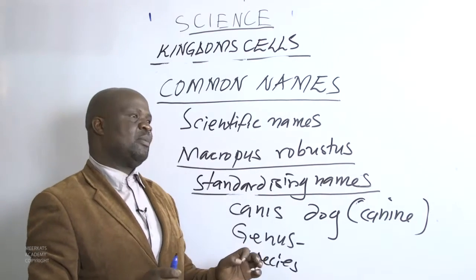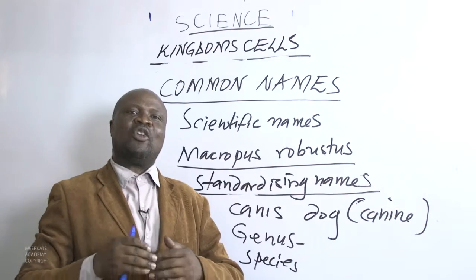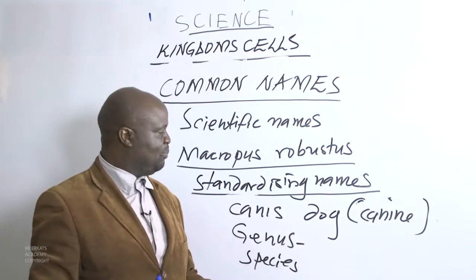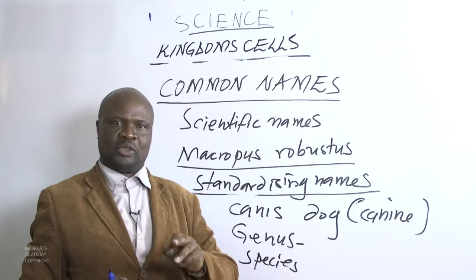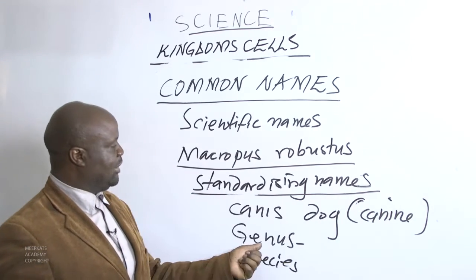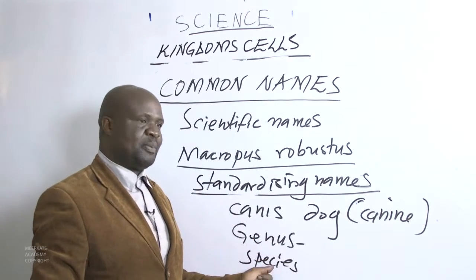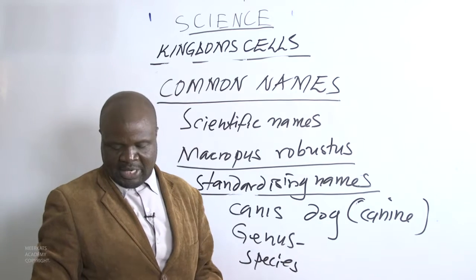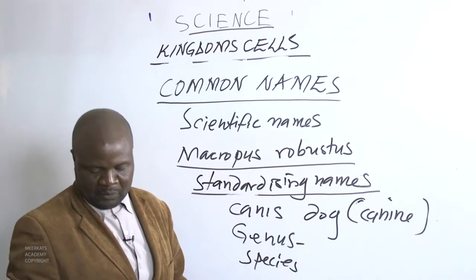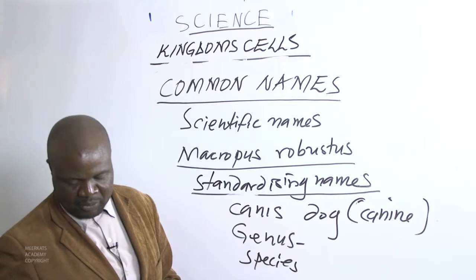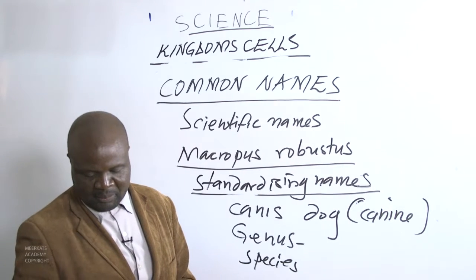So he came up with a system where, instead of having a lot of words to describe each organism, we can only use 2 words. We can use the genus and the species of that particular living organism.